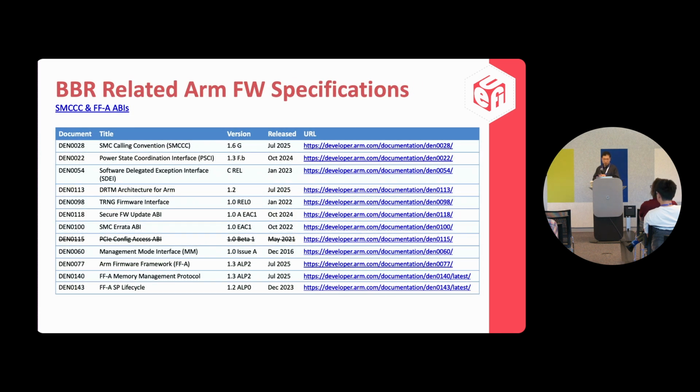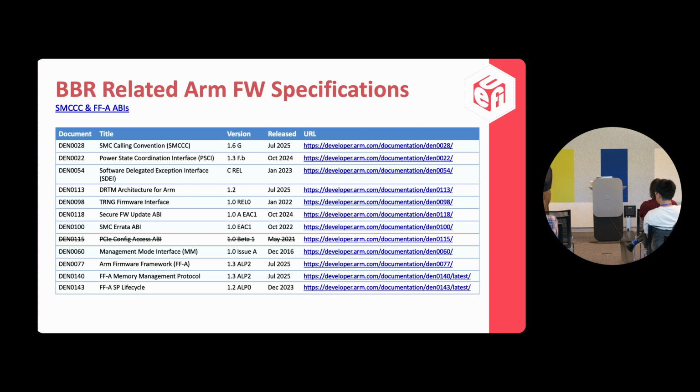And I think earlier Samuel talked about the ACPI specifications. There's another set that is really the ARM-specific firmware specifications. I think Samuel touched on some of that, right? The SMC calls, PSCI, SDEI. We also developed with Microsoft and other silicon vendors this DRTM architecture for ARM.